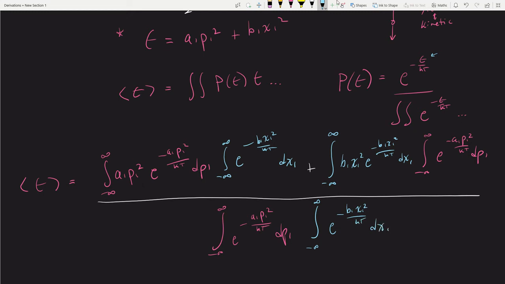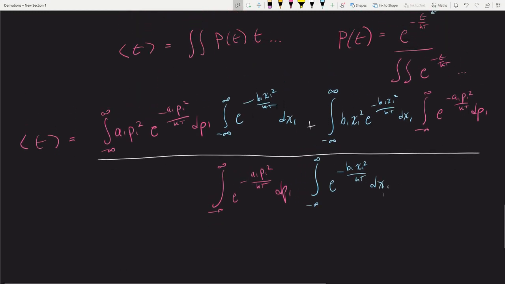Okay, so hopefully I haven't made a mistake here. So really quickly, this guy evaluates to root kT pi over a1, and this guy is root kT pi over b1.